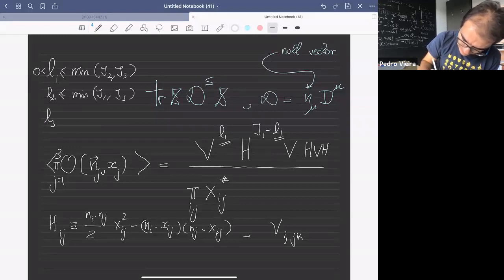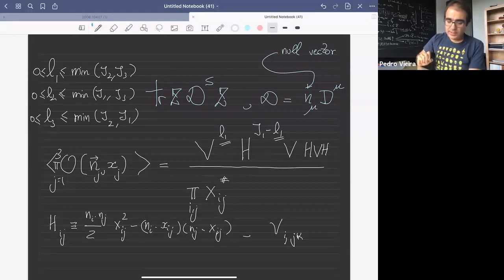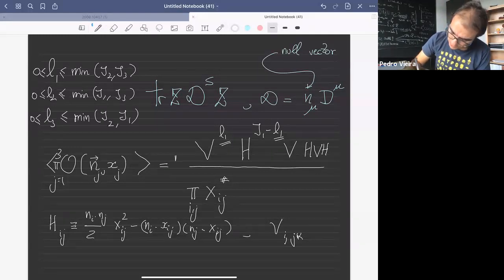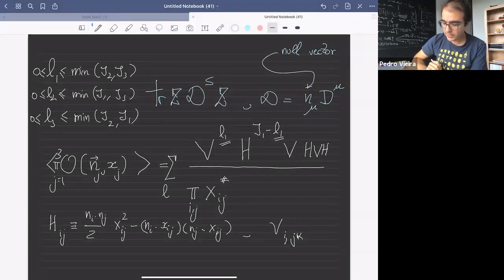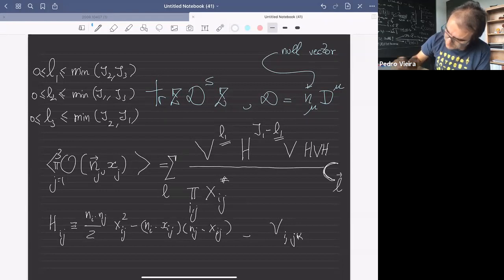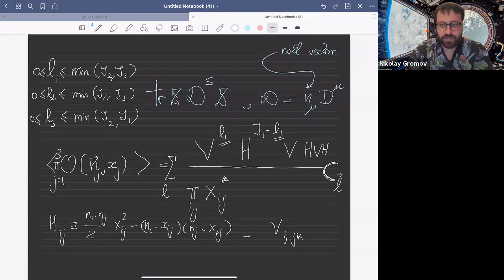And similarly, L3 goes up to the minimum of J2 and J1. And so you see that these L's are what they are, and then the correlation function is a sum over these tensor structures that are parameterized by these L's, and each of them therefore comes with a structure constant that depends on these L's.